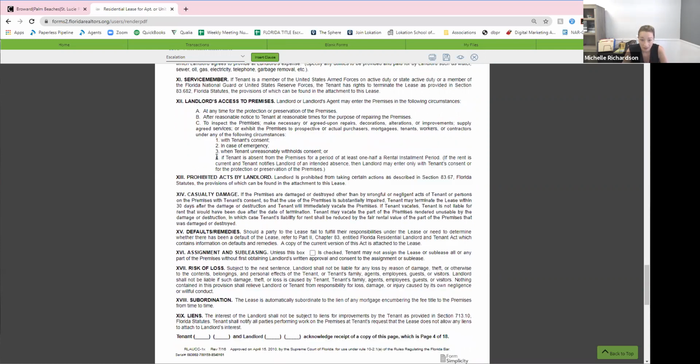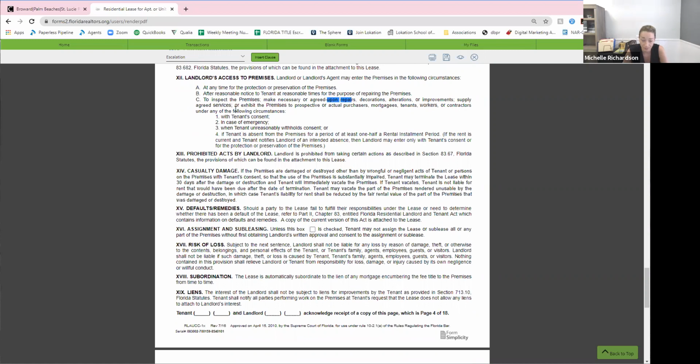Landlord's access to premises. Landlord or landlord's agent may enter the premises in the following circumstances: at any time for the protection or preservation of the premises; after reasonable notice to tenant at reasonable times for the purpose of repairing the premises, to inspect the premises, make necessary or agreed upon repairs, decorations, alterations, or improvements, supply agreed services, or exhibit the premises to prospective or actual purchasers, mortgagees, tenants, workers, or contractors under the following circumstances.